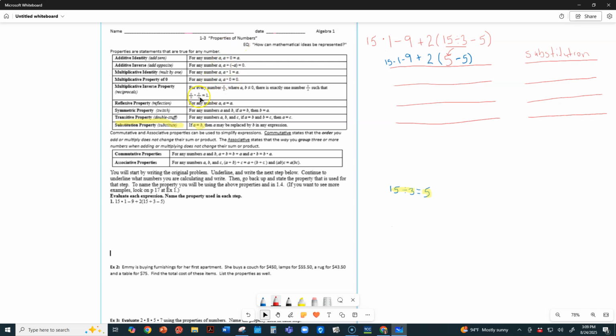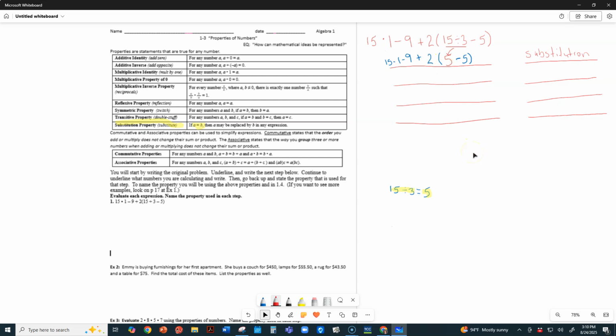Those are the exceptions. Adding 0 has its own property. Adding the opposites of each other, that has its own property. Multiplying by 1 has its own property. Multiplying by 0 has its own property. And multiplying by reciprocals also has its own property. So that's the only exception.